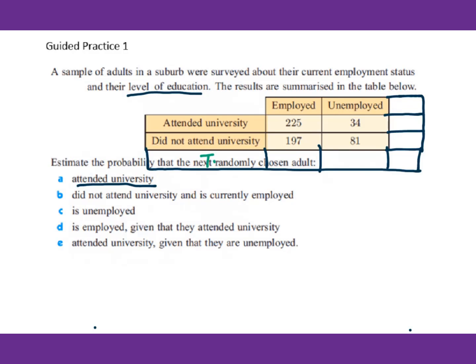Write down this is a total. Here's total. We add 34 plus 81, you will get 115.